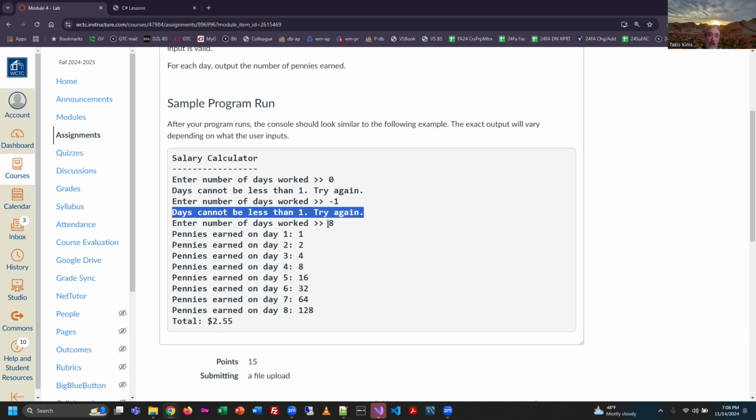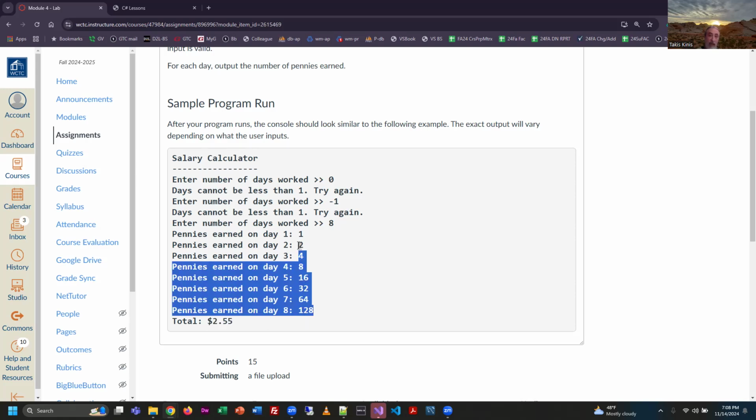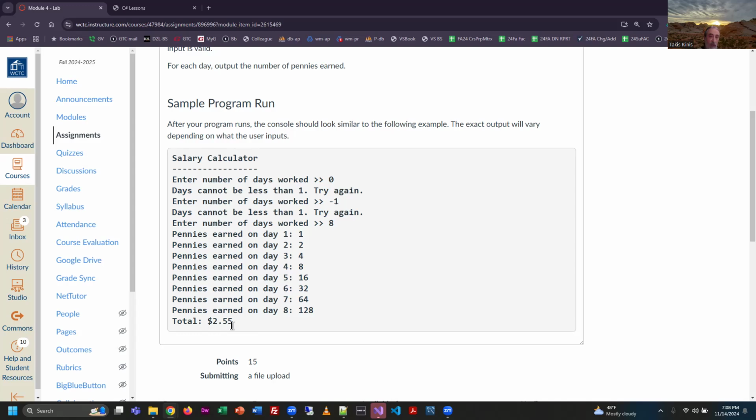And then when they start putting in a valid number like 8, right? It shows the pennies earned on each day. Notice how they're doubling. And then at the end, we're going to output the total, right, which is the combined value of all those as a currency. So that's kind of our grand goal.